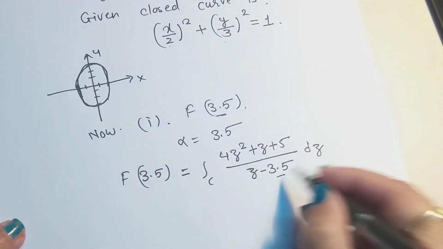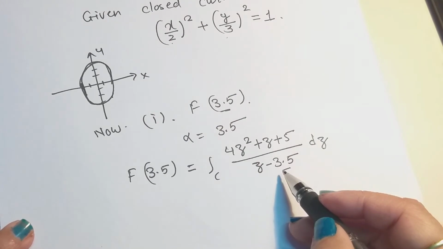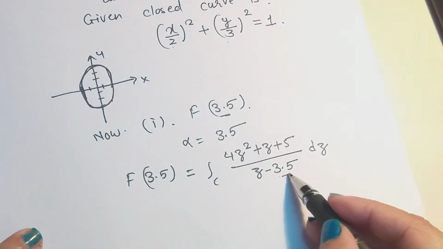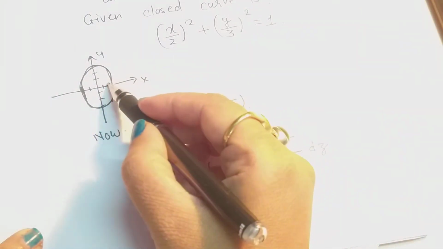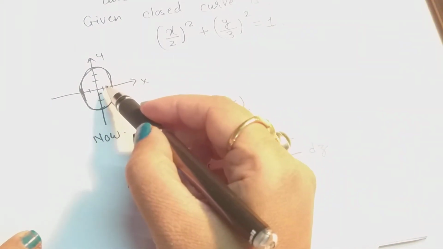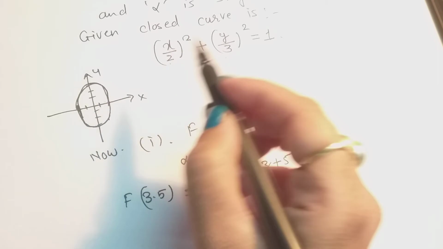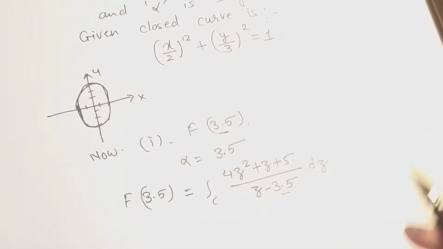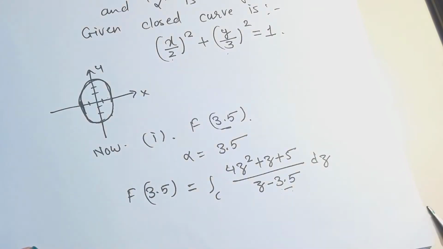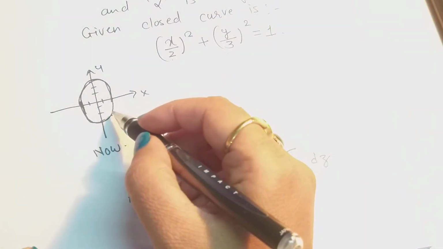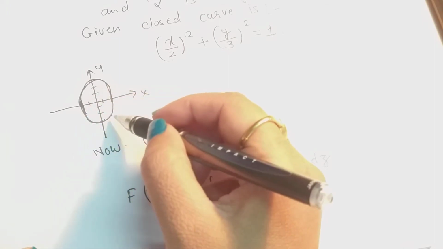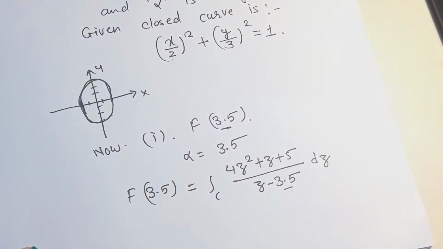Okay, it is alpha, or it is a singular point. Now see, this singular point 3.5 will lie outside this ellipse, because the semi major axis for this ellipse is 3 and the center is at the origin. So this 3.5 will lie outside this ellipse. That means the function is analytic inside and on this ellipse, and we can apply Cauchy's theorem here.